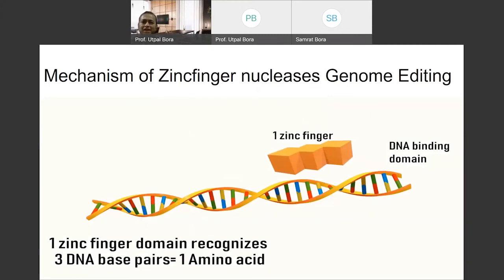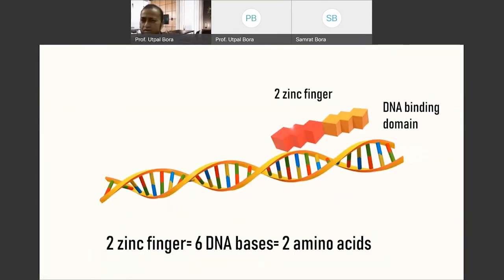So let us look at the mechanism of zinc finger nuclease genome editing, step by step. One zinc finger will recognize three bases on one side, and then another zinc finger will come and bind, recognizing another three bases.